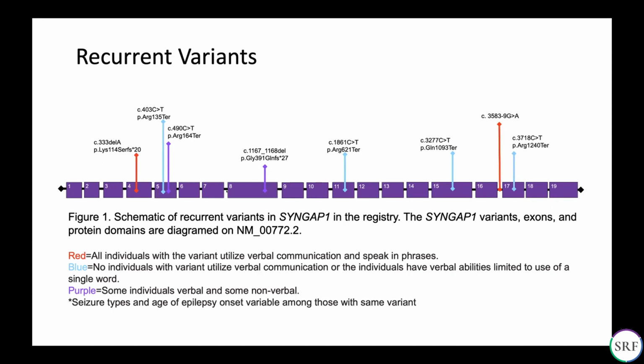But what we also noticed is that for some of the variants, particularly the recurrent C333 deletion of the A here in exon 4, all of the individuals with this variant were able to utilize verbal communication and speak in phrases, compared to those with other variants in which there was variability among individuals for their verbal ability, or all of the individuals were nonverbal.